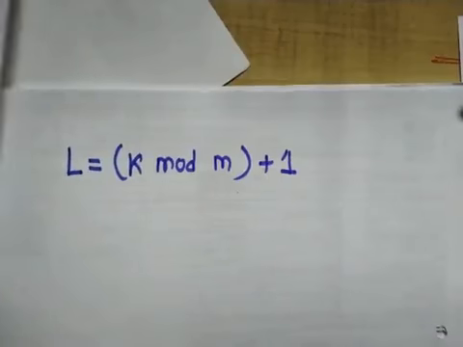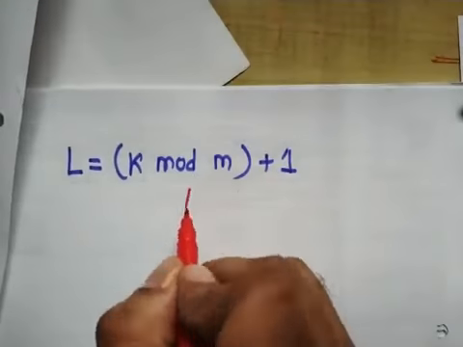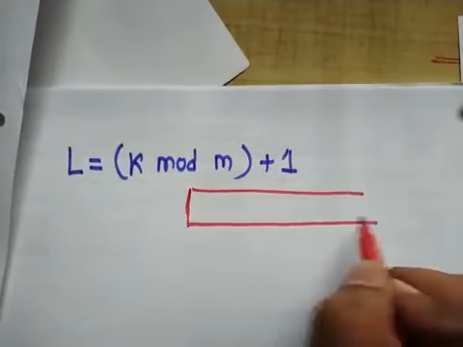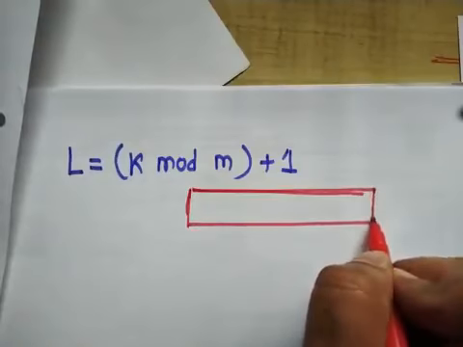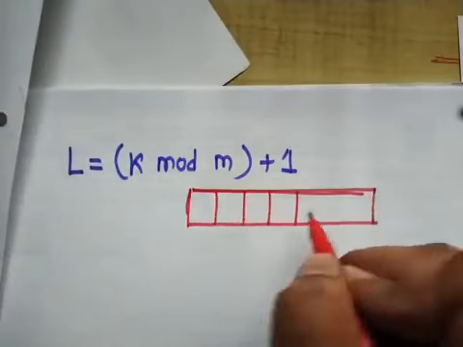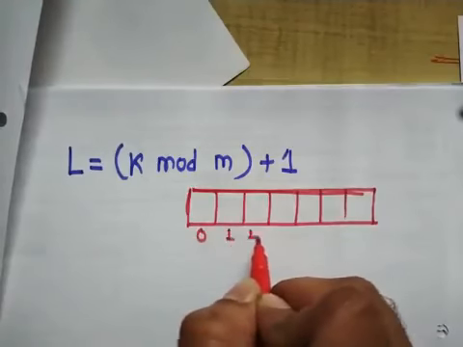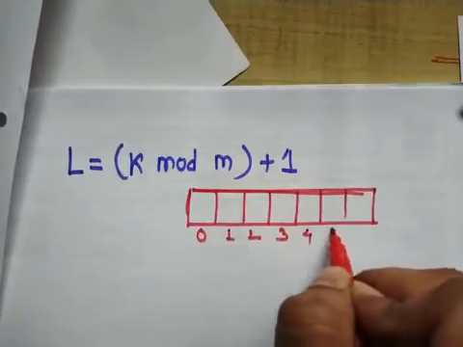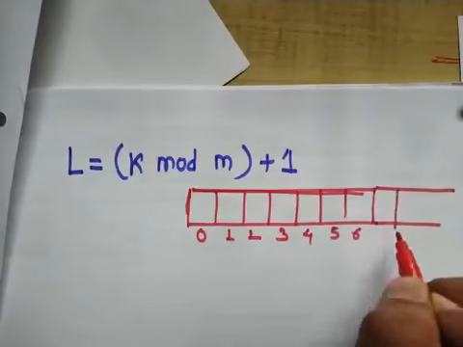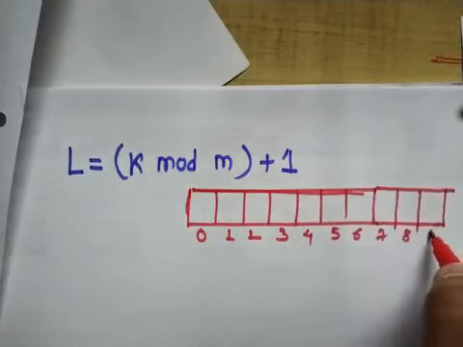So let's take an array of size 10. Array of size 10. Zero is the first index, then 1, 2, 3, 4, 5, 6, 7, 8, 9.